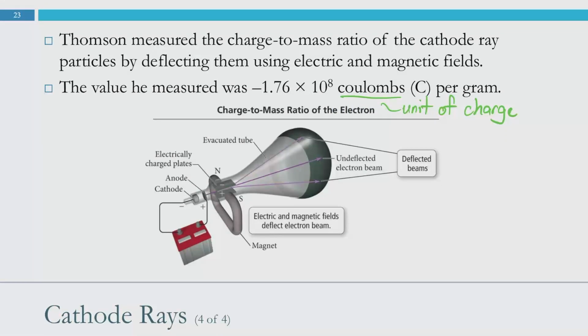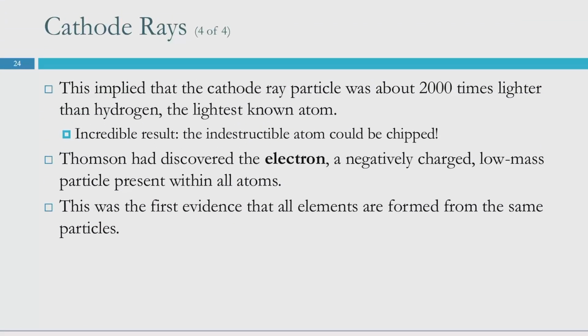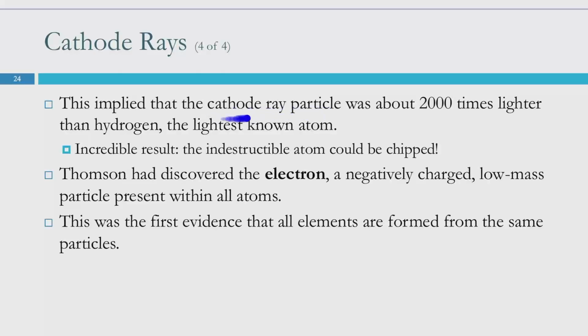You don't need to memorize that number. This data implied that the cathode ray particle, what we now know as the electron, was about 2,000 times lighter than hydrogen, which is crazy because hydrogen was the lightest known element. And because it was lighter than that, then that means that it was smaller than the lightest known element.